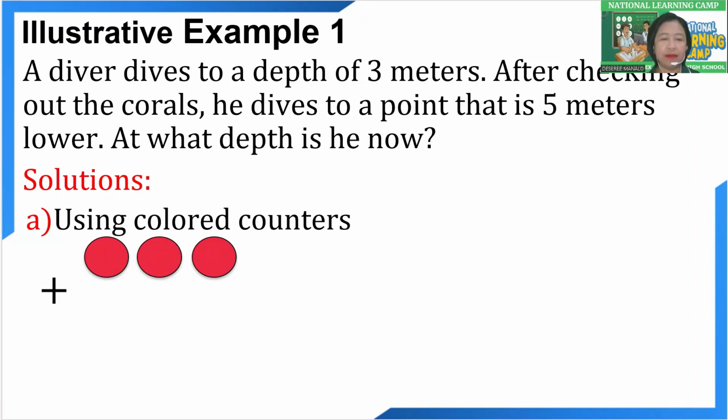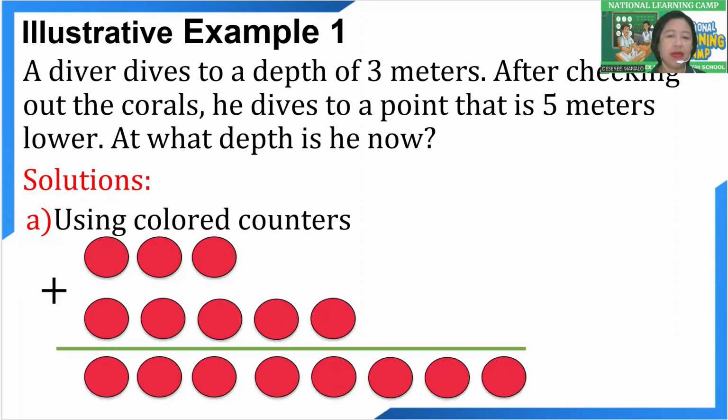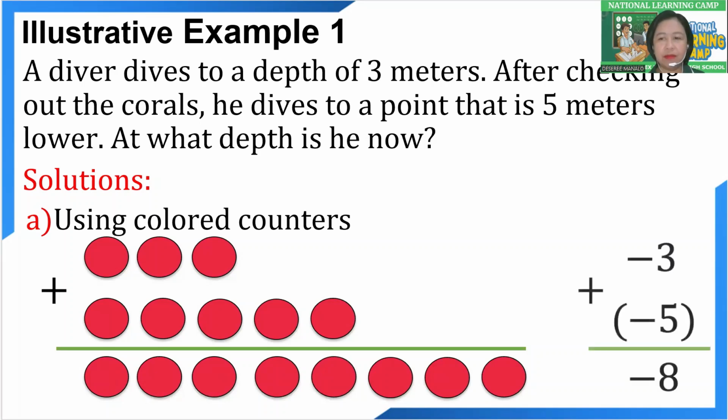And another 5 meters lower, so 5 red counters again. All in all, we have 8 red counters. So for the number sentence, negative 3 plus negative 5 is negative 8.